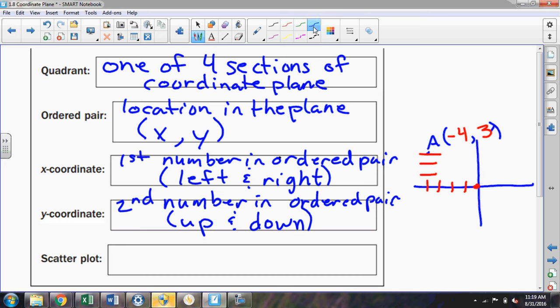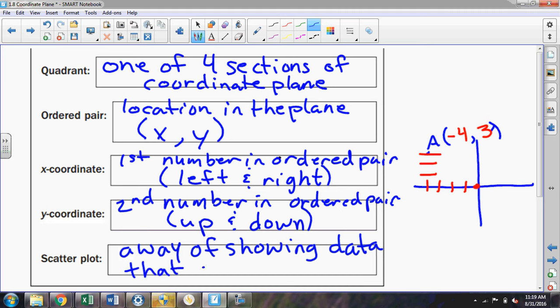The last piece of vocabulary we need is a scatter plot. A scatter plot is a way of showing data that occurs in paired form.